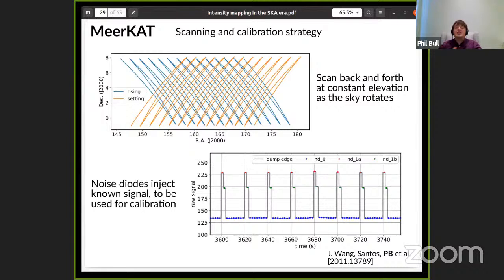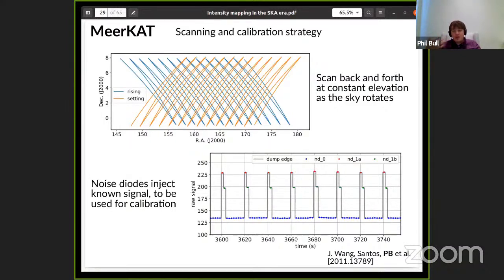Now, the way we use these 64 dishes is we scan them back and forth. Remember, each dish just gives you one number as a function of frequency in each direction. So we don't just do stop and stare, looking at one direction and then the next. We actually scan back and forth. This is very much like a cosmic microwave background experiment.